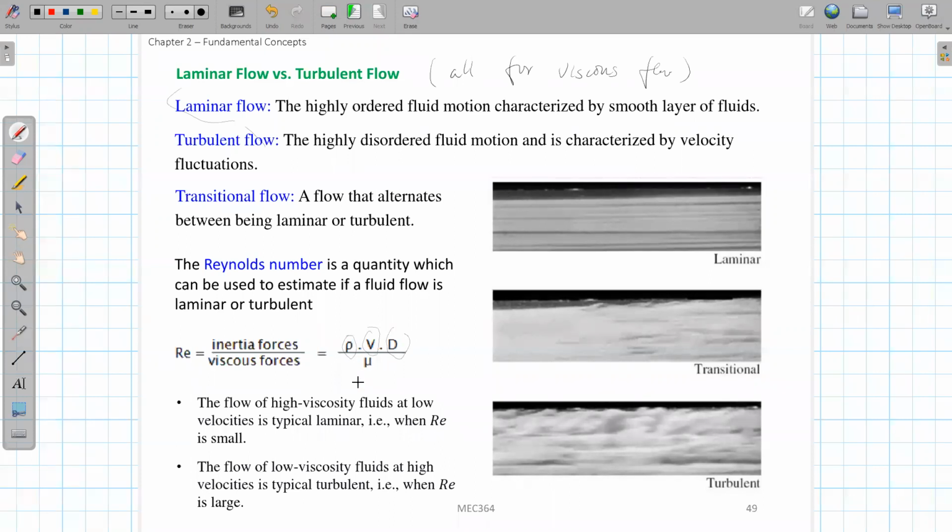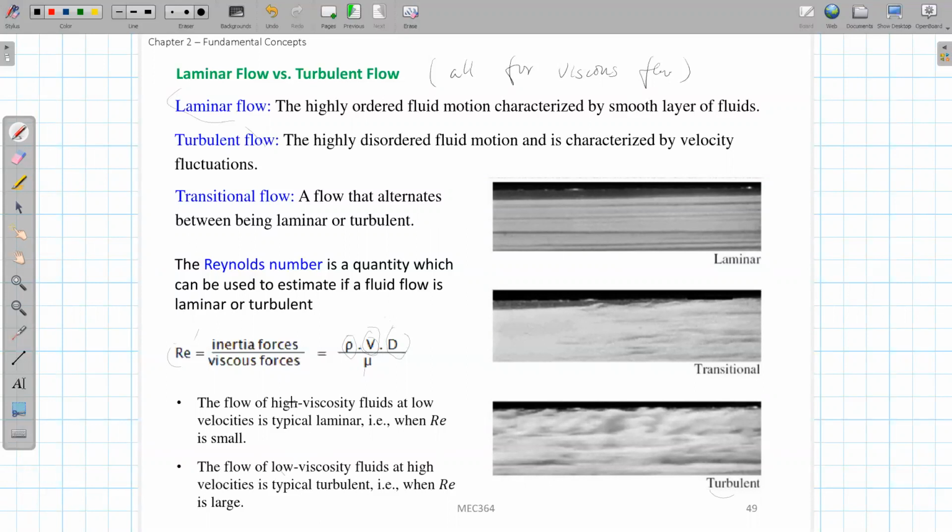So basically, if the flow velocity becomes larger, your Reynolds number will become larger, and it's more likely to get turbulent flow. And if your viscosity is relatively high, things are more likely to be organized, which means that when Reynolds number is small, you most likely have laminar flow.